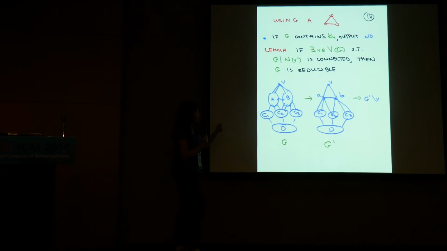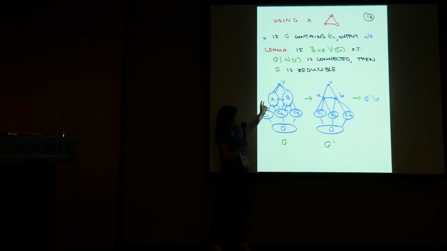That's a good thing, because you can calculate this bipartition of the neighborhood, and now you contract the two color classes, meaning you replace the first color class by a single vertex, and you make this new vertex adjacent to everybody in the graph who used to have a neighbor in this set, and the same for the other color class.